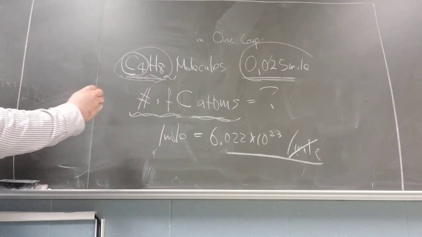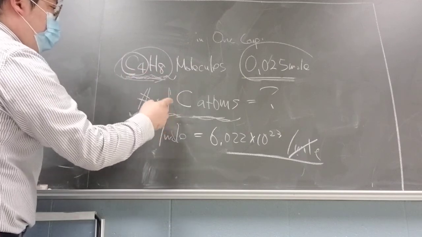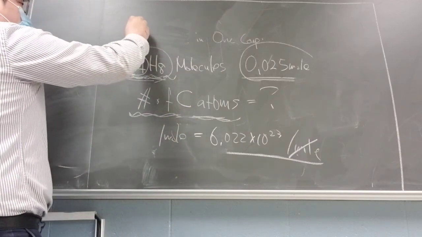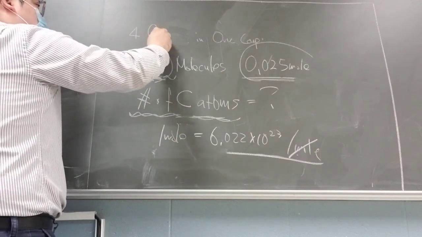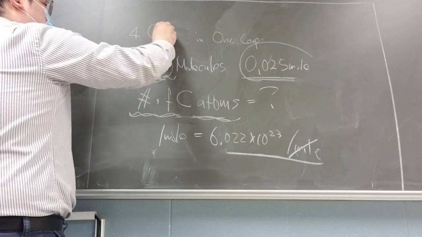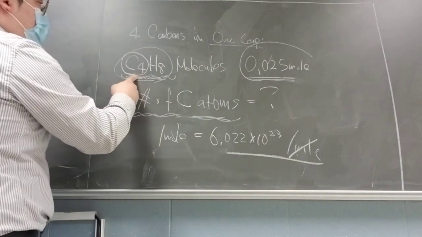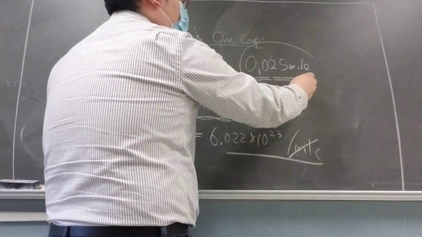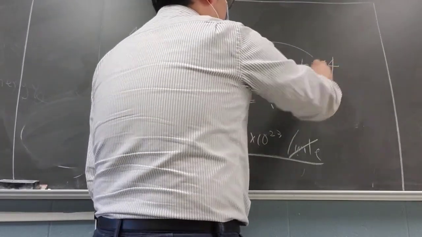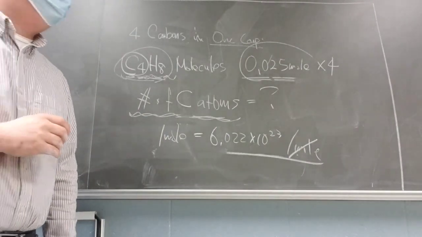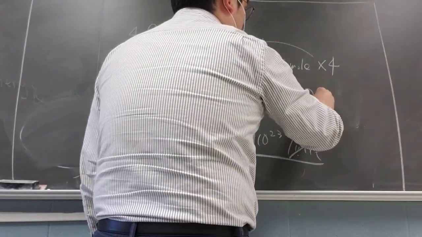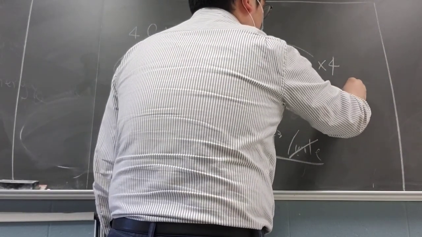Okay, so instead of the hydrogen, we have carbons. You have 4 carbons in each compound. So we're going to multiply this number by 4 this time, because there are 4 carbons in one compound. So this will be what? 0.1 mole.